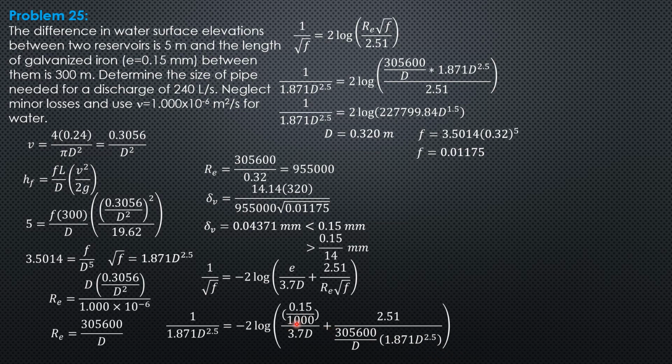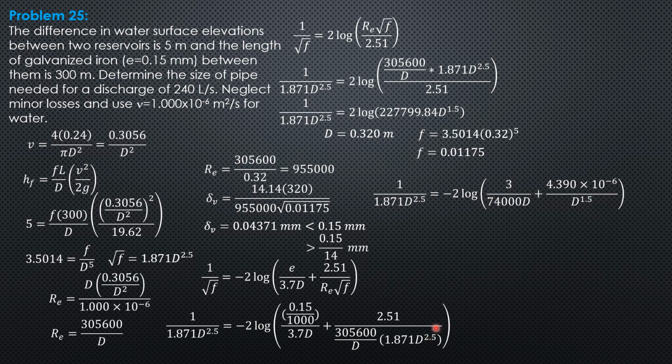Let's simplify these terms first in the log inside the parentheses. So 1 over 1.871 d to the 2.5 equals negative 2 log of 3 over 74,000 d plus 4.39 times 10 to the negative 6 over d to the 1.5. That's the simplification. 2.51 over 305,600 divided by 1.871 is 4.390 times 10 to the negative 6 over d to the 1.5.